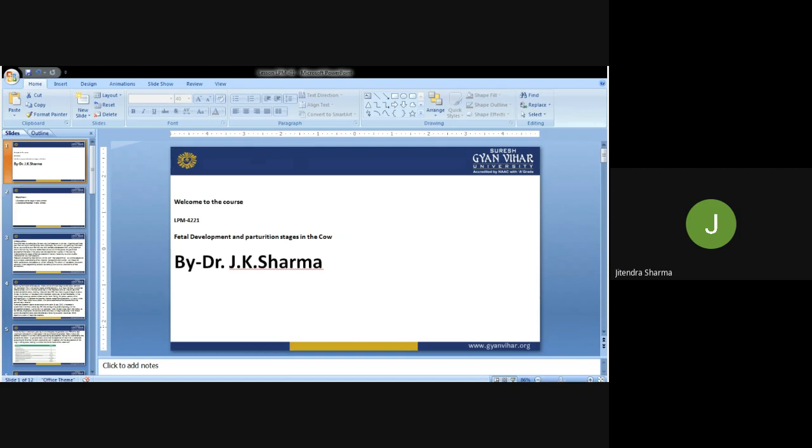We have already completed the discussion of parturition, how the fetus will come out. After that, within 8 to 12 hours of the fetus being delivered by cow and buffalo, we expect the third stage, the release of the placental membrane, which has now become a foreign body in the animal.